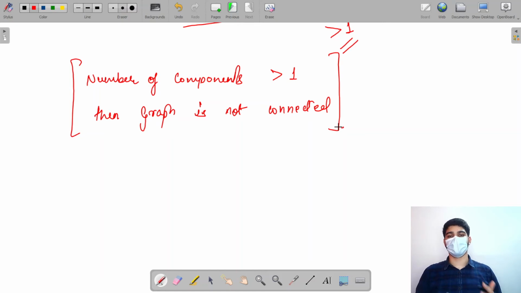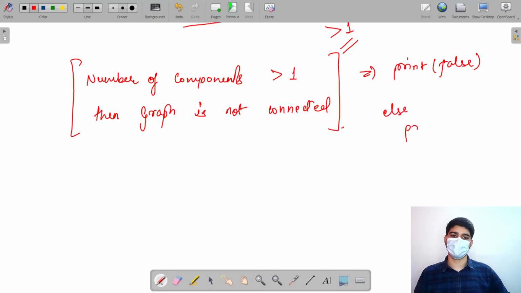So if my number of components is greater than 1, again, my graph is not connected. So in this case, I would have to print false. Else, what I would print is true. My graph is connected only when my number of components is equal to 1, right?